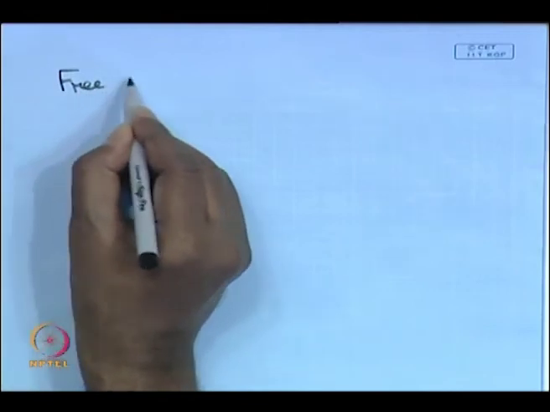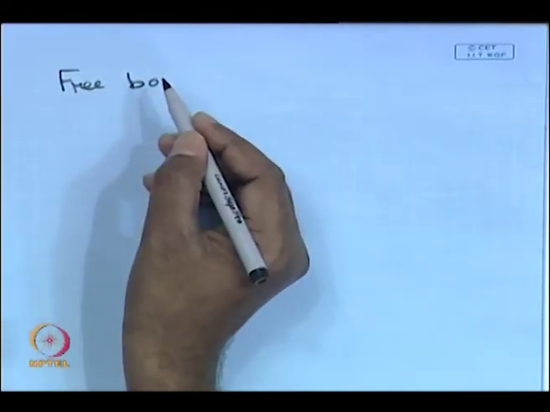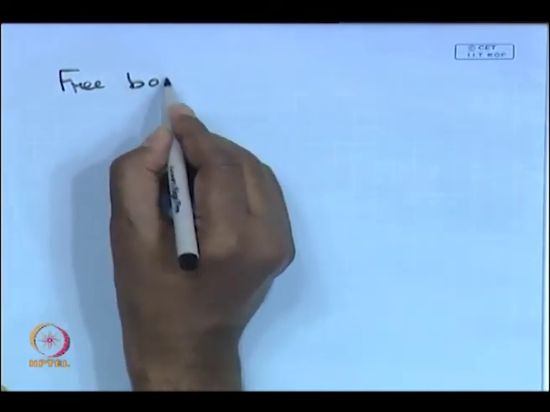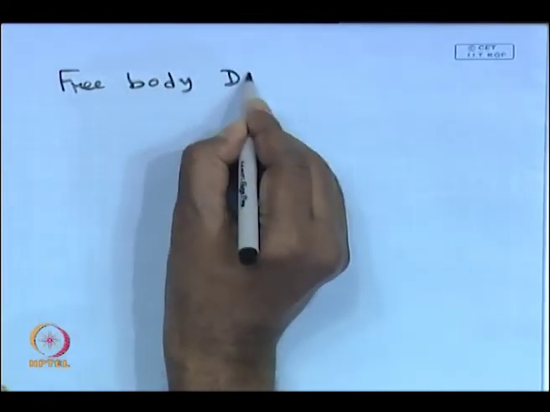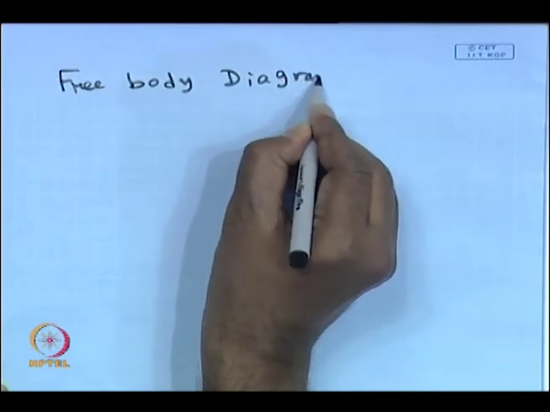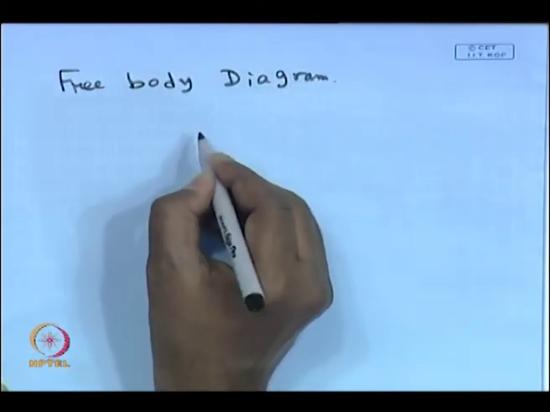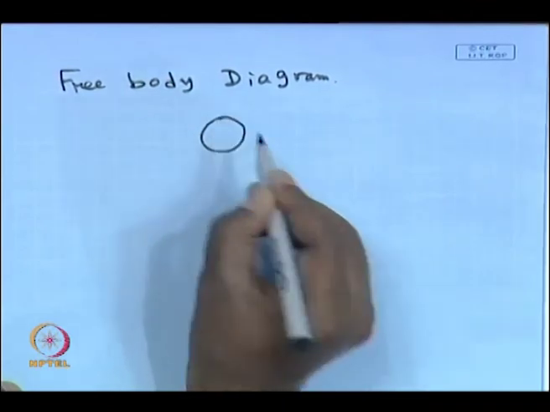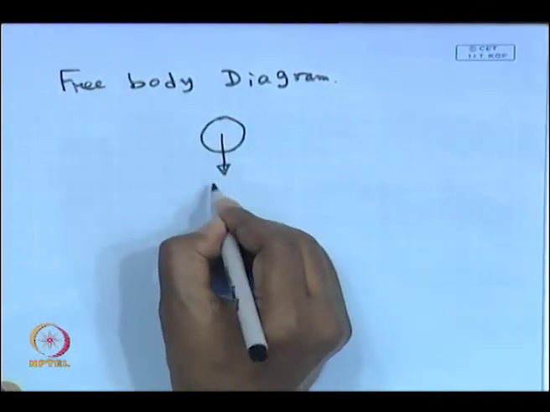Now, what we do is draw a free body diagram of the particle, and look at all the forces acting on the particle. Let us look at the different forces. Number 1 will be gravity.